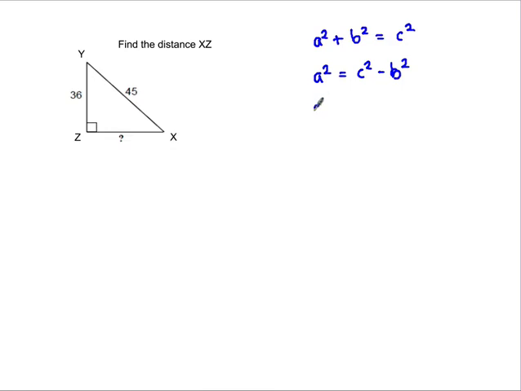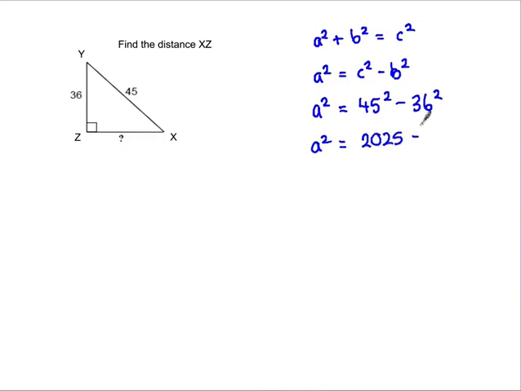I'm going to find a shorter side, and to do that I'm going to square the longest side and take away the other short side from it. So 45 squared, punch into the calculator, is 2025.